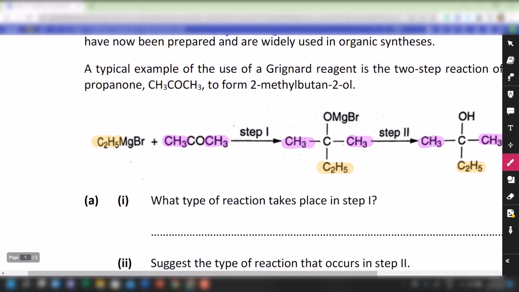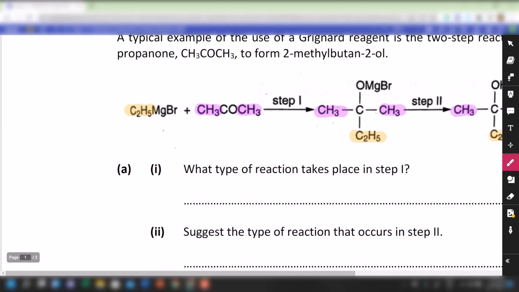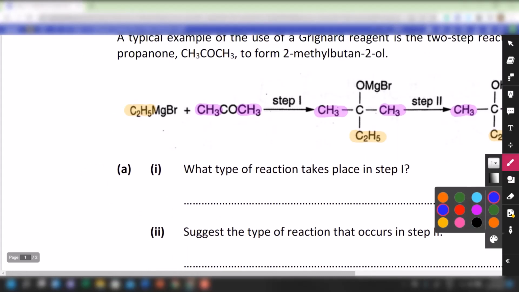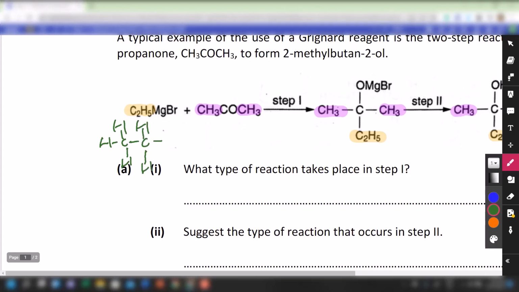It might seem a bit surprising, but if I look at the structure, you'll notice that it is not very surprising. If I sketch my ethyl group out in terms of the structure, it will look something like this, and then I have a MgBr. It's a sigma bond, there's no mistake here.